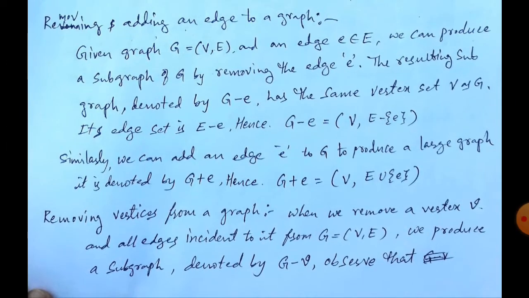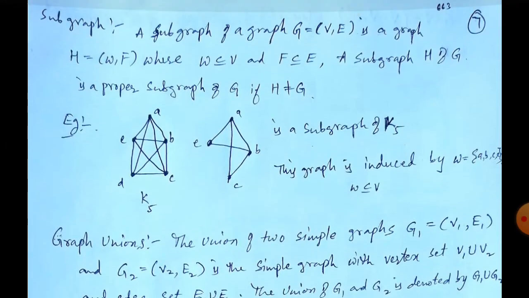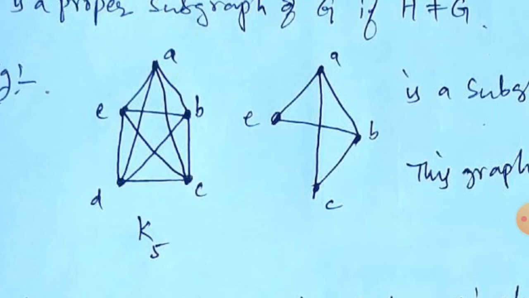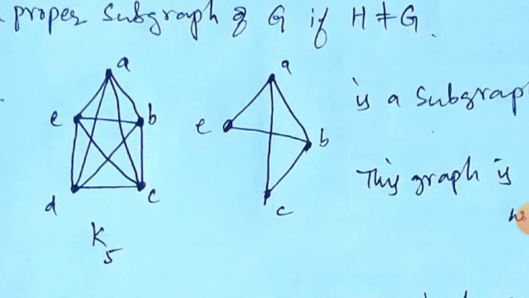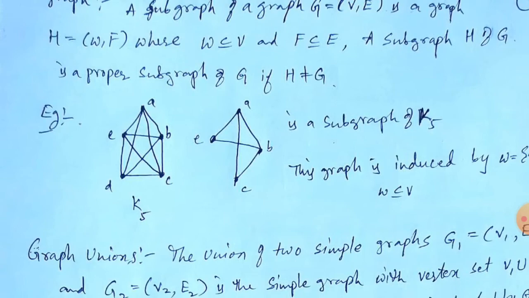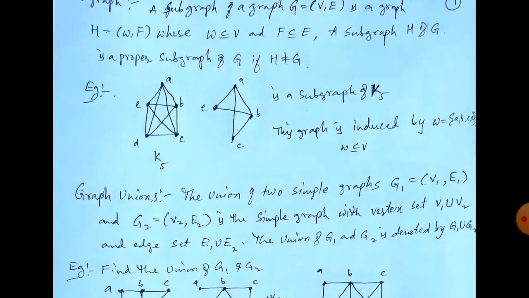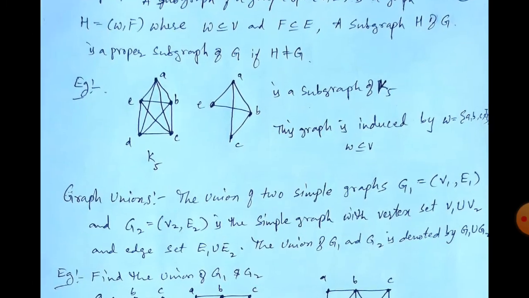See here in the example, only vertex D is being removed, which means all the edges incident on D also have to be removed. Then we get another subgraph. That is the difference between removing a single edge and removing a vertex.